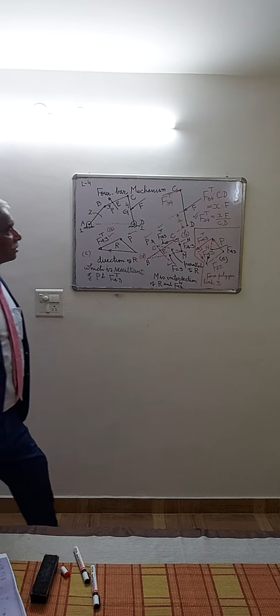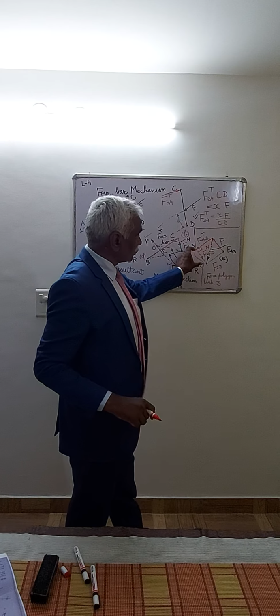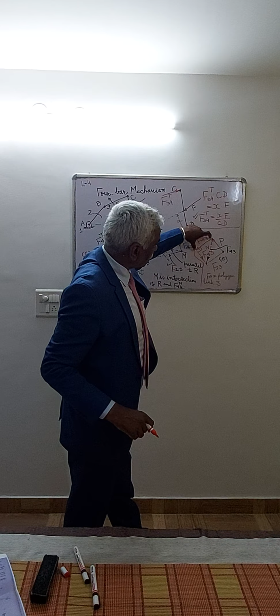F43T is this much. F43N is this much from this figure. Now, it is given in magnitude and direction both. P is given fully. F43T is given fully.